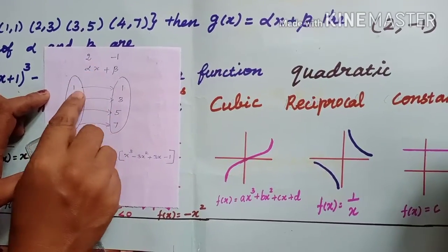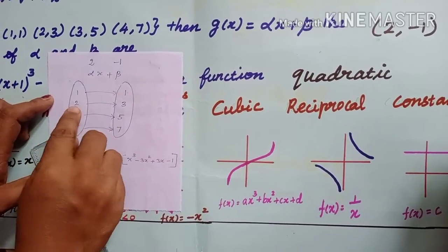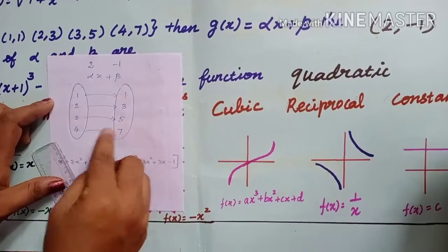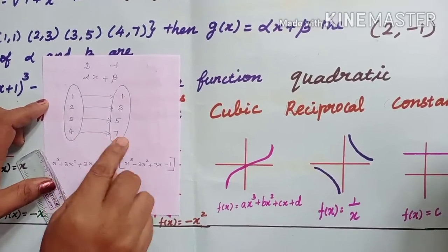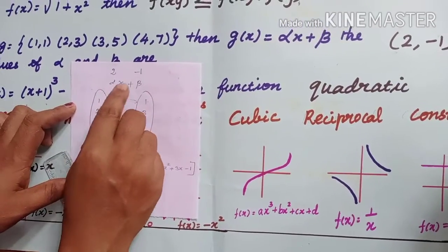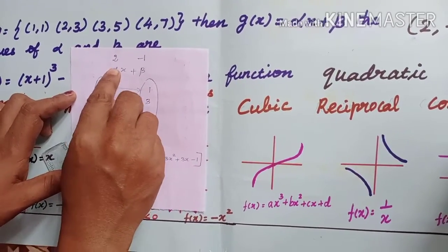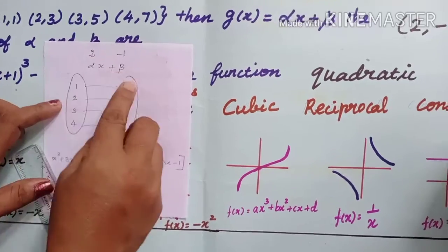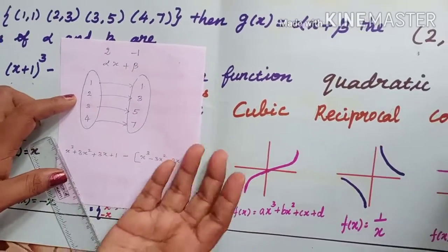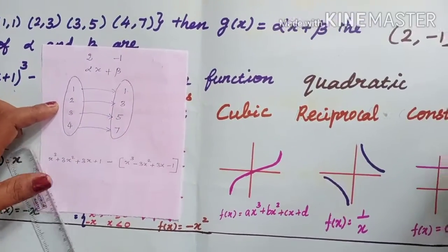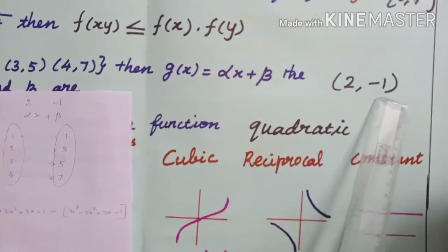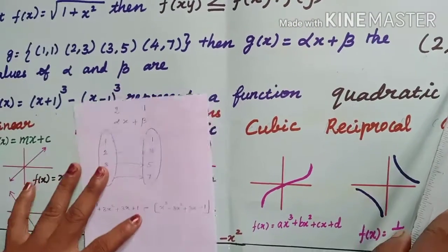So 2 minus 1 you will get 1, 4 minus 1, 6 minus 1, 8 minus 1, you will get the answer. So for alpha substitute 2 and for beta substitute minus 1, you will get the answer. So alpha value is 2 and beta value is minus 1 is our answer.